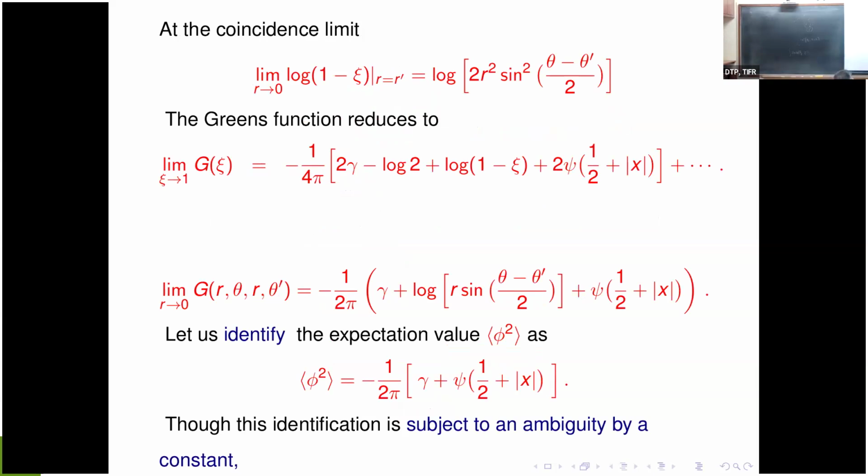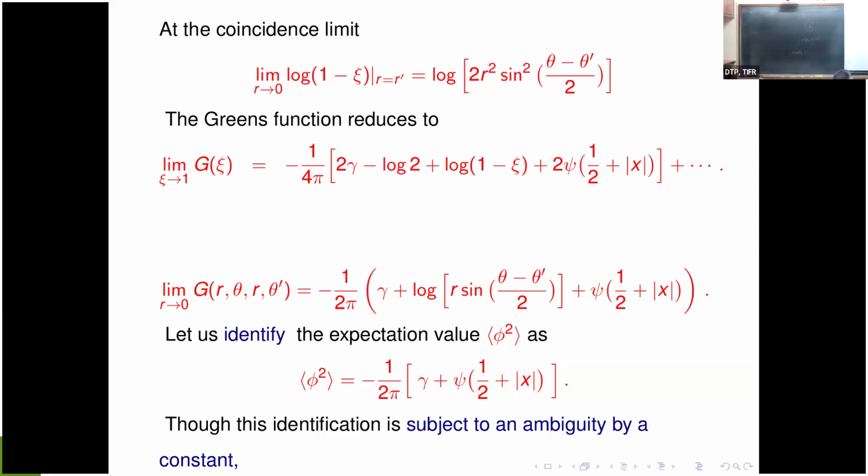The log term is basically the short distance singularity, because when two points come close by, it's basically a 2D theory, massless, so it's log of r. Then there are these constants, and the psi function, which is the logarithmic derivative of the gamma function, and then suppressed terms, which I didn't write.